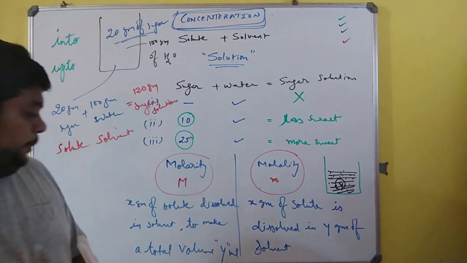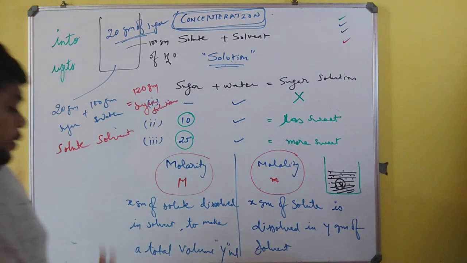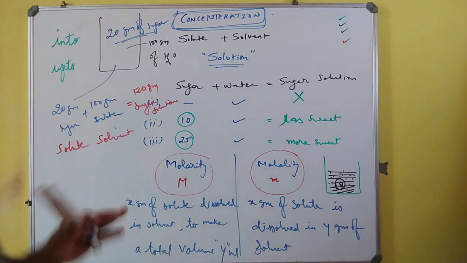X gram of solute dissolved in solvent to make a total volume of Y mL.